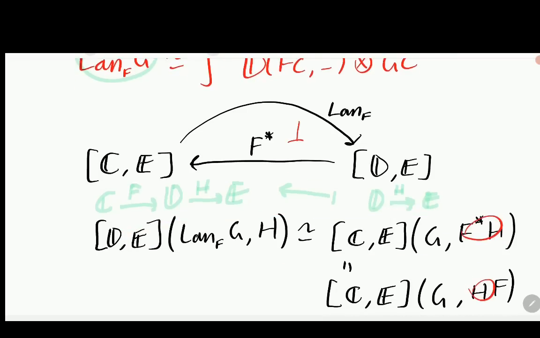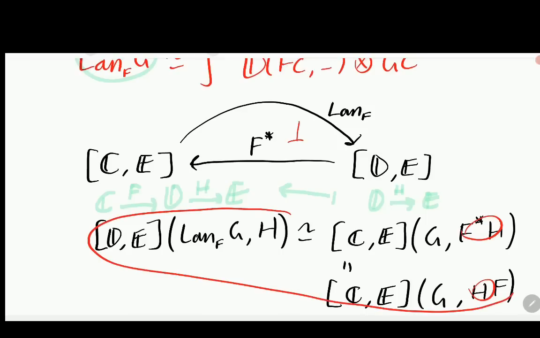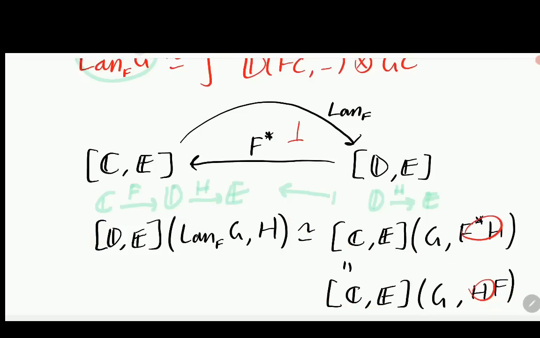So basically you could say that the left Kan extension of G along F is defined so that we have this kind of natural isomorphism, natural in G and H. Another way to say it is that all we have to do is find a left adjoint to F star, and that will give us these Kan extensions.